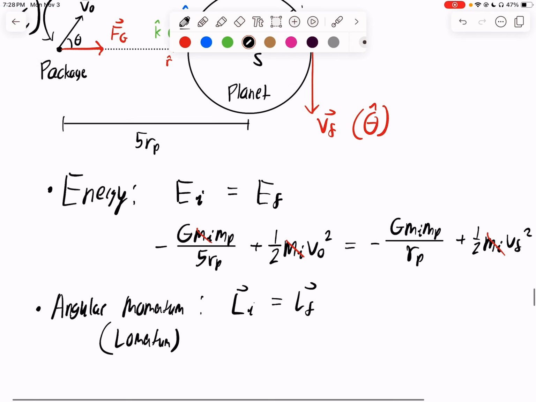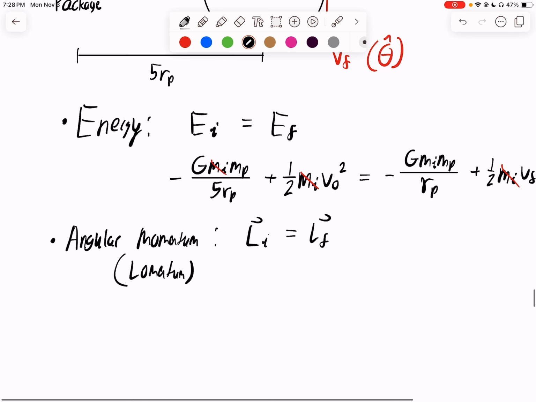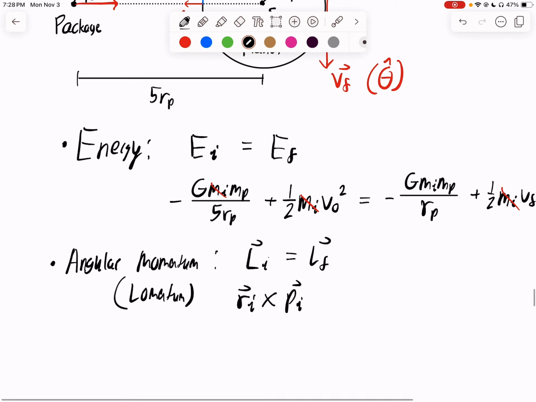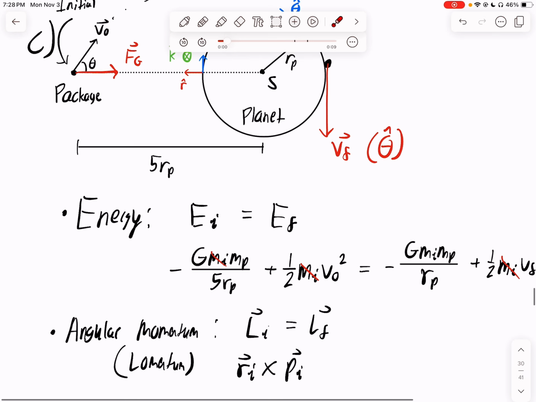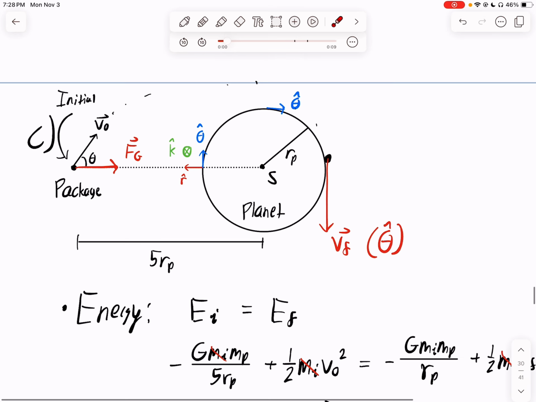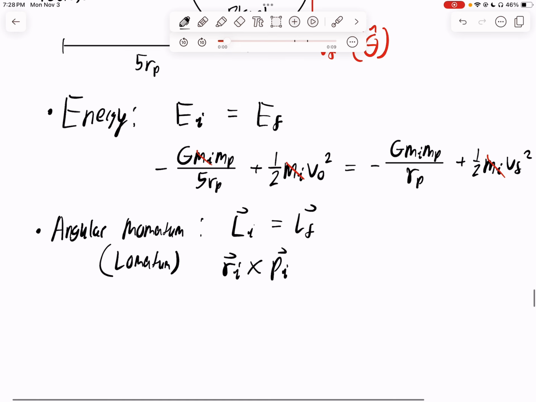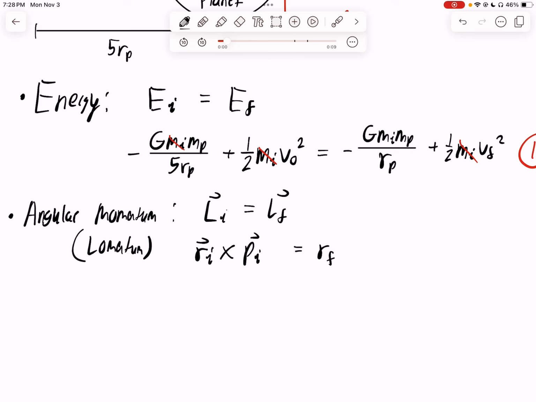So the angular momentum at the start is R initial crossed with P initial, where P and R are both vector quantities describing this object. R is the vector spanning from the planet core to the package at this initial state, and P initial is the momentum of the package using this initial velocity. And this is equal to R final crossed with P final.